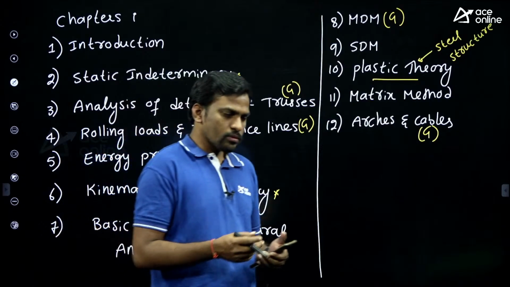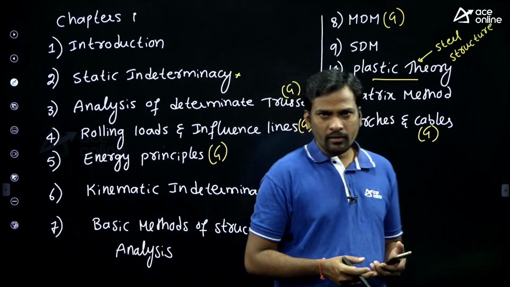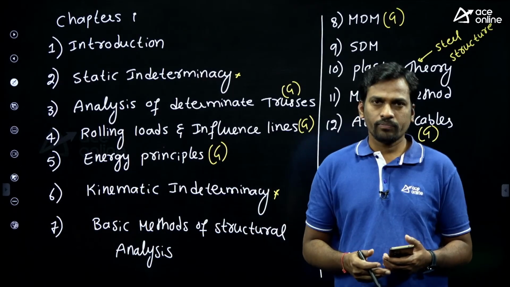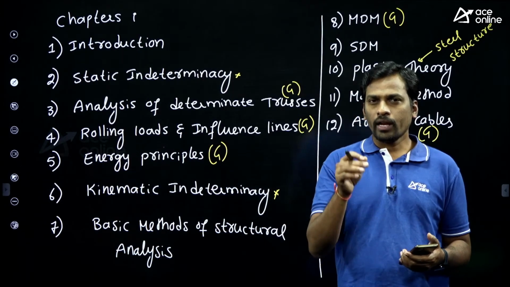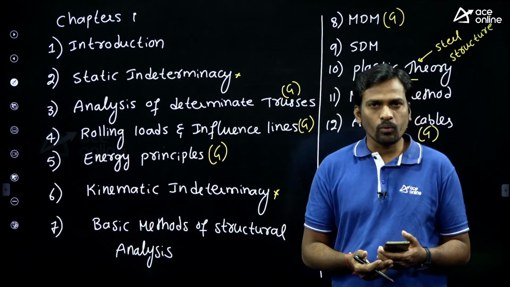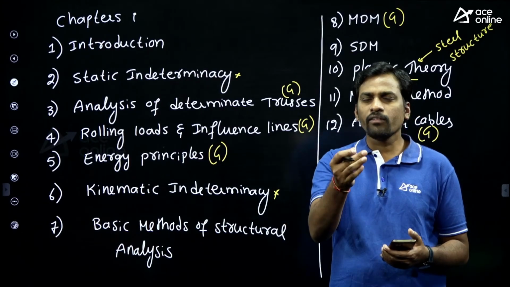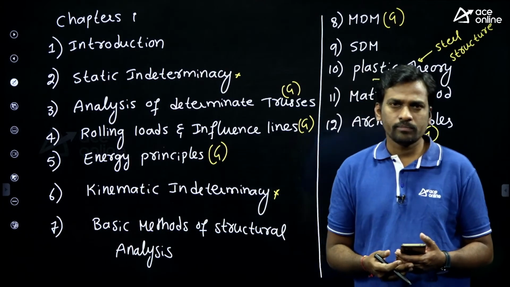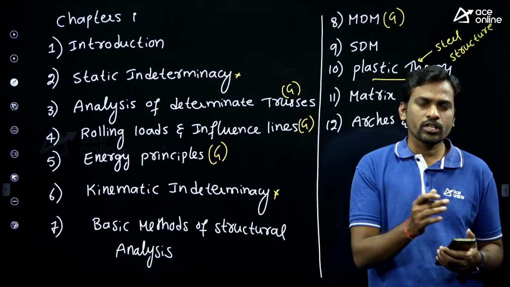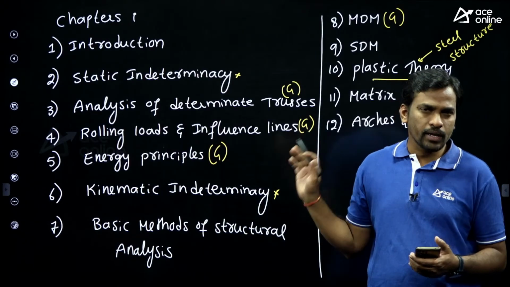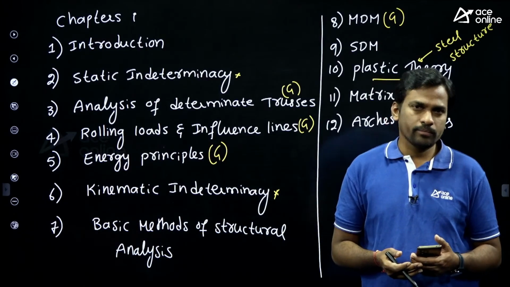There is less possibility of theory questions from this subject in the GATE exam. 99% are numerical questions only. Very rarely one theory question is asked, once in 5 or 10 years. If you see the previous question papers, there are no theory questions, completely numerical questions only.